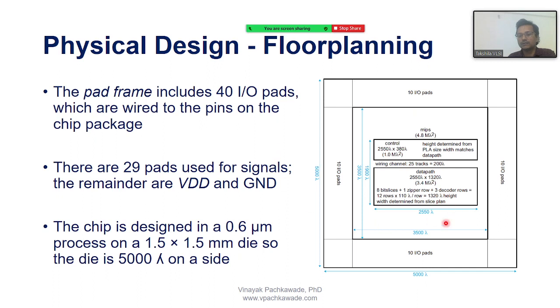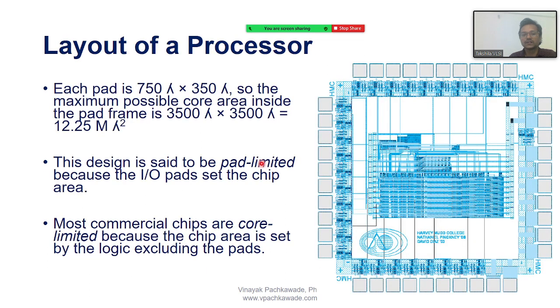So you see now, this is the 3500 by 3500, as I said. The rest of the area is taken by the pads right here. So such a design, if this is the case and the layout will look like this, is called pad limited, because the IO pads set the chip area. As a physical engineer, you cannot do much. That is already defined and you have to comply with that.